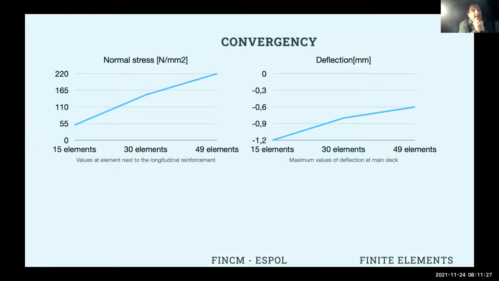Yeah, that one. I'm very surprised, because I would expect, for example, going from 15 to 30 elements would be enough to get a very good convergence. So I would expect a very small difference between 30 and 49, but I'm surprised.